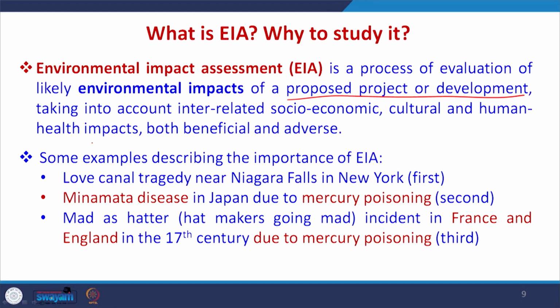Then the "mad as a hatter" incident, hat makers going mad in France and England in the 17th century due to mercury poisoning. So, there are many instances where we did not know the impact of a product or process or project, and because of that a lot of environmental degradation happened later on and a lot of people got affected.